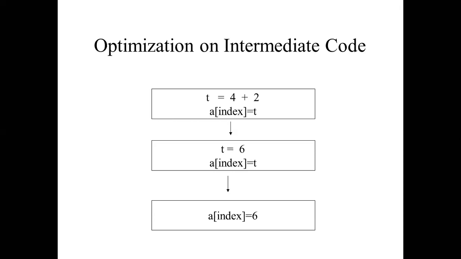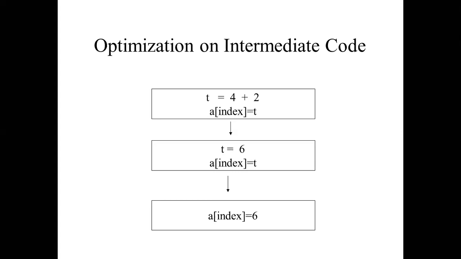In the first box you can check A index T. Similarly in the second box again A index is equal to T. But in the first box T is equal to 4 plus 2: 4 is a number, plus is an operator symbol, 2 is again a number, but we store it in a temporary variable and there is no need to write 4 plus 2.